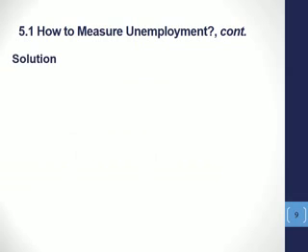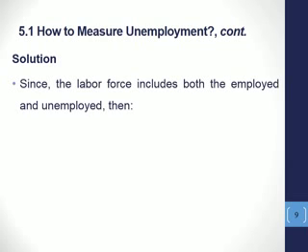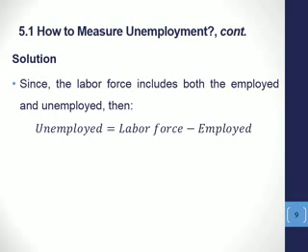To be able to answer this example, let's start with the labor force and its relation to employed and unemployed. We know that labor force includes both employed and unemployed. So labor force is equal to the sum of employed and unemployed. Thus, we can say that unemployed equals labor force minus employed. Labor force 90 million minus employed 75 million.